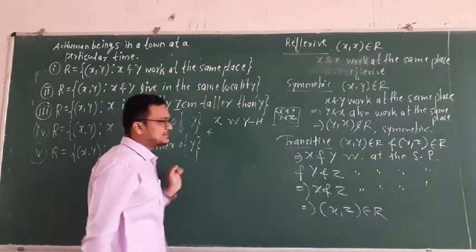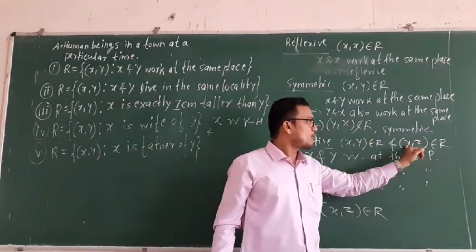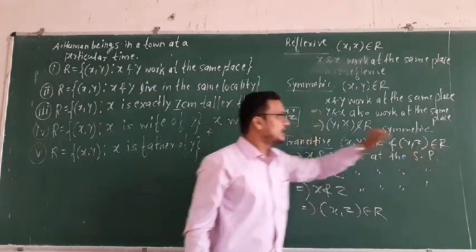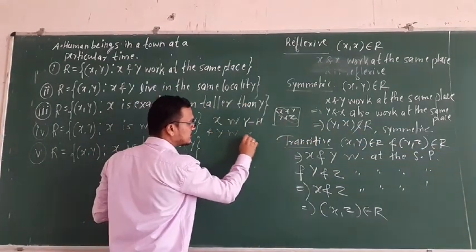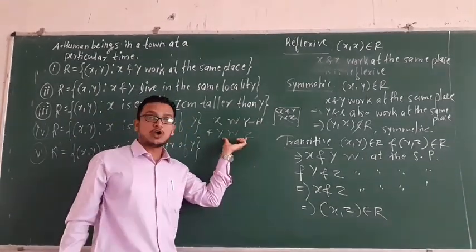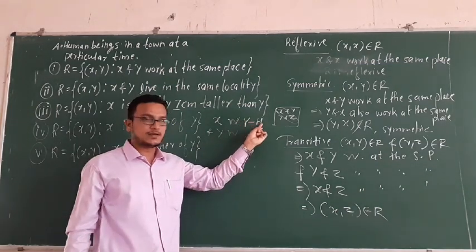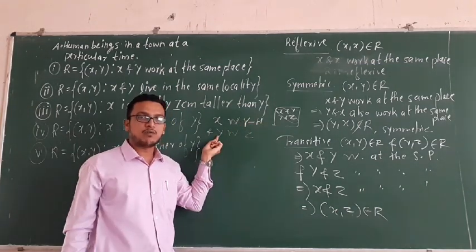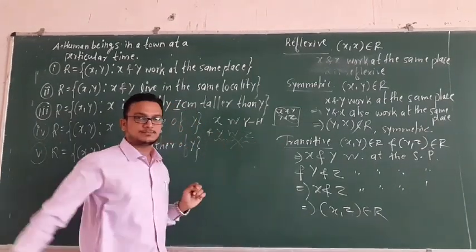But in the transitive relation, you have to take one more ordered pair, (y, z) belongs to R. But then I should write y is the wife of z, which is not possible. Why? Because y is already the husband, but here we are considering wife. So this second case is not possible.